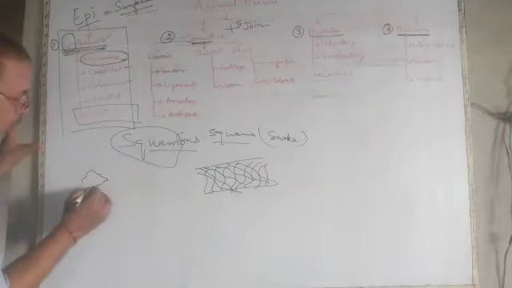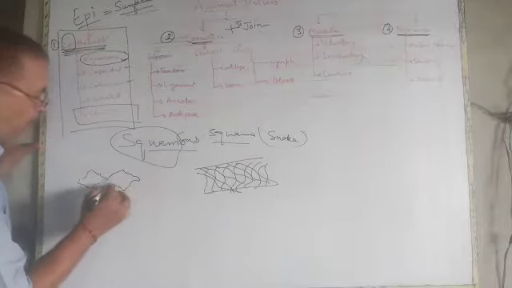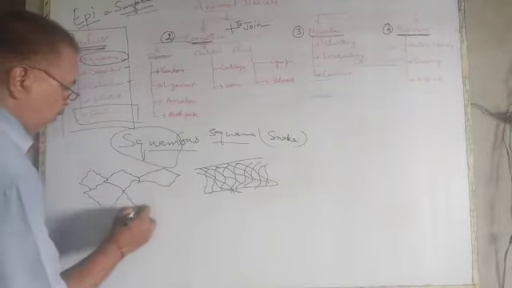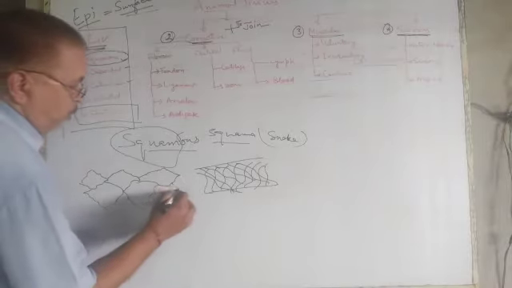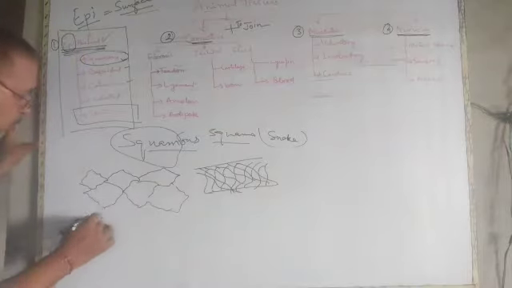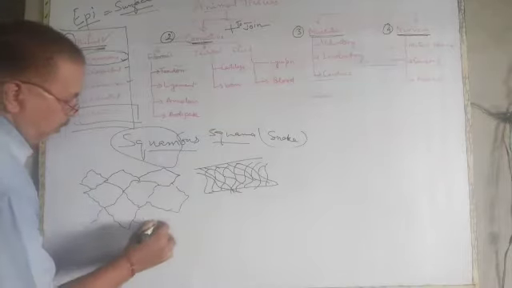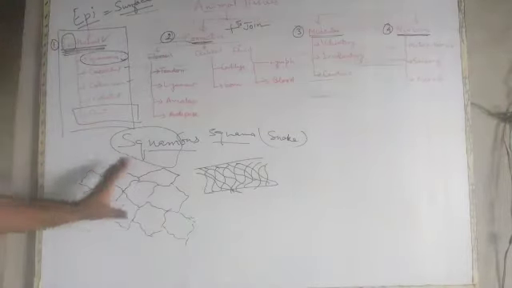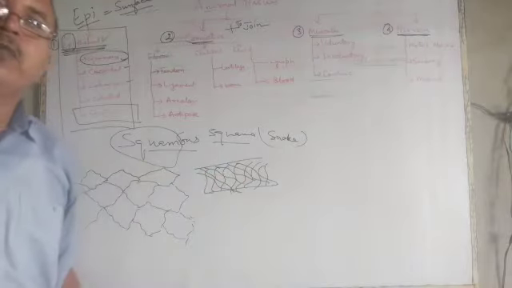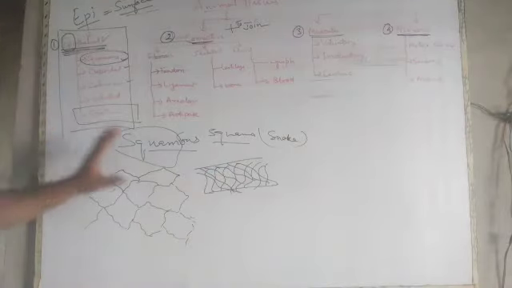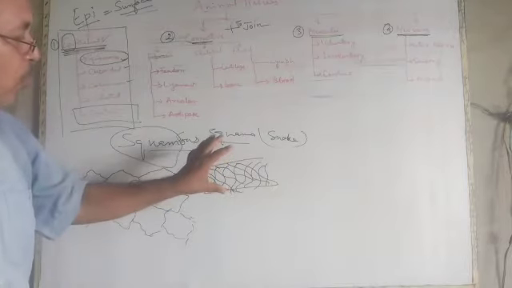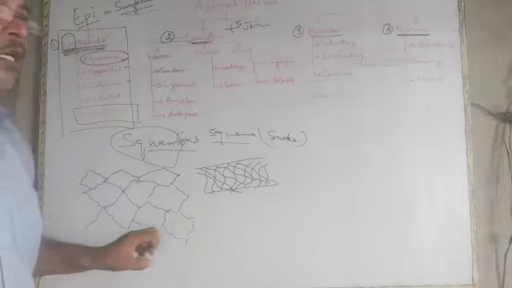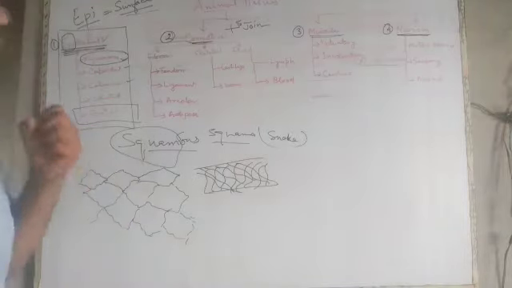Here you see this way the cells are arranged in the squamous epithelium. This shape looks similar to the body surface structure of the snake. So to recognize this arrangement, this kind of tissue is named squamous epithelial tissue, right?